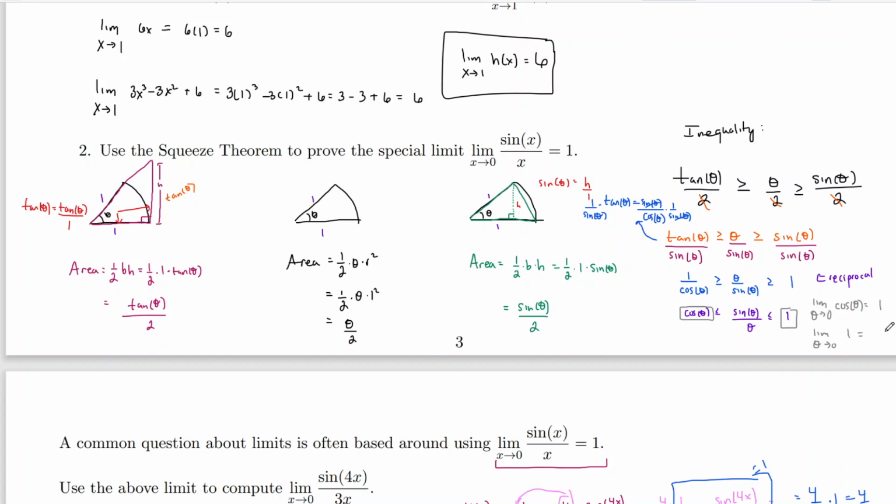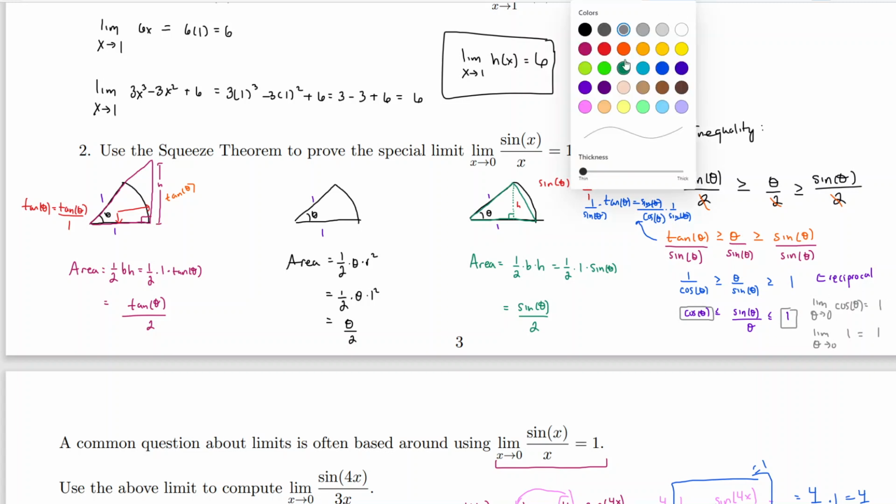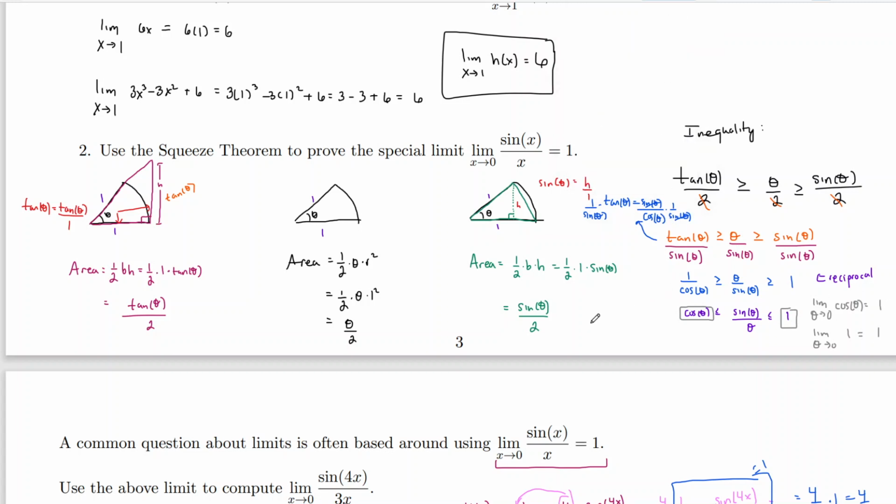Well, that's just a number, so it always gives us the 1. And the squeeze theorem tells us because the one we're interested in is between these two, and they have the same limit of 1, that means the limit as theta goes to 0 of sine of theta over theta must also be equal to 1.